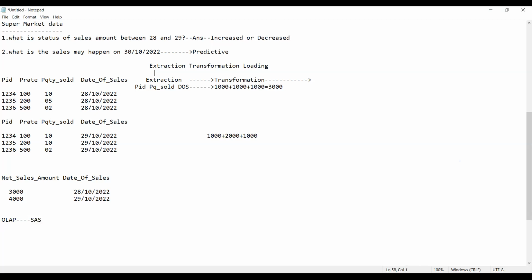ETL is one technique, which is used to summarize the data, as I showed you. And OLAP is another technique, which is used to perform analysis on a large amount of data.